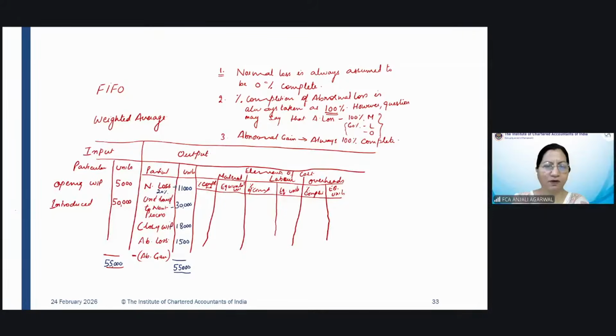How much is the total? 30 plus 11, 41, 41 plus 18, 59,000. How much are the units here? 55,000. So we cannot say that. We have input 4,000 as abnormal gain, so minus abnormal gain 4,000. So when you subtract this, you will have the total of 55,000. Is it clear?